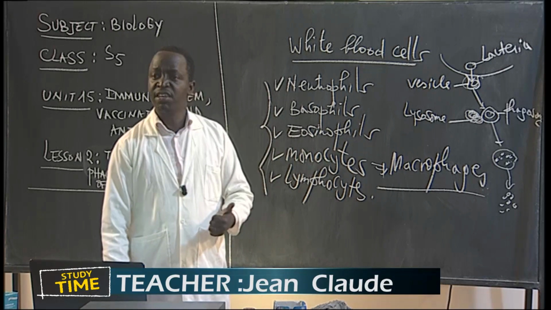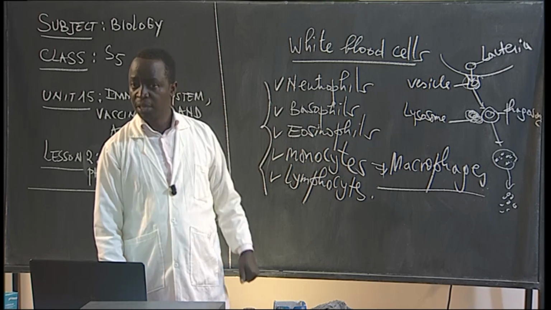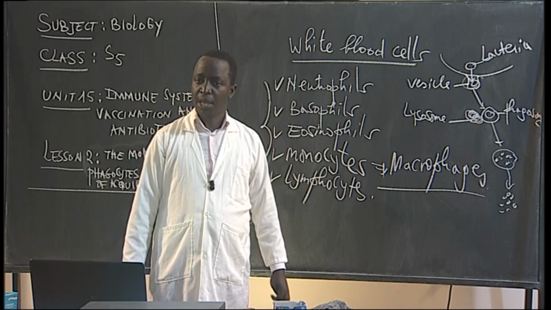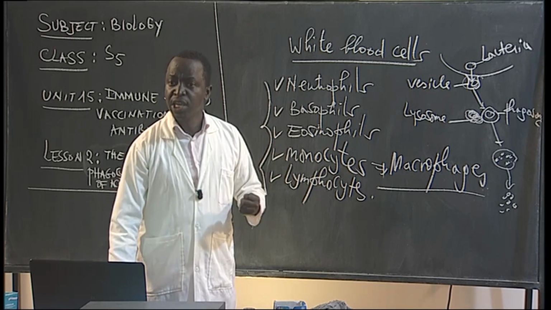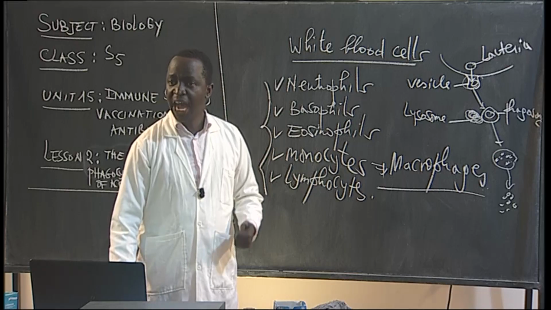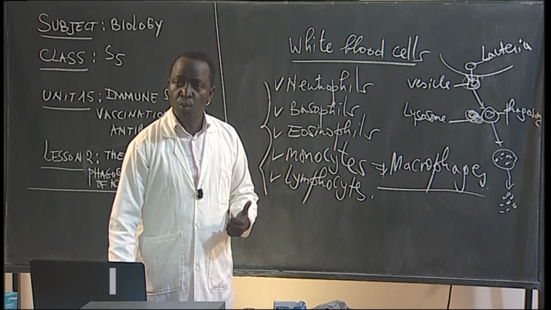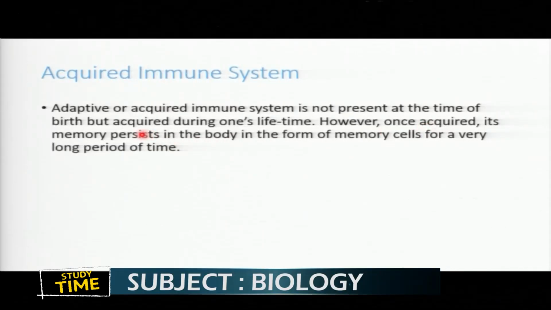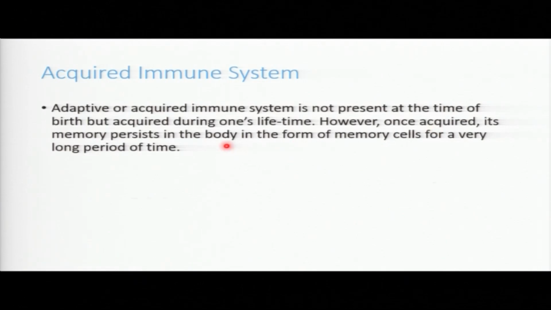It is not present at the time of birth, but acquired during one's lifetime. However, once acquired, its memory persists in the body in the form of memory cells for a very long period of time. So this is what you call the adaptive or acquired immune system.